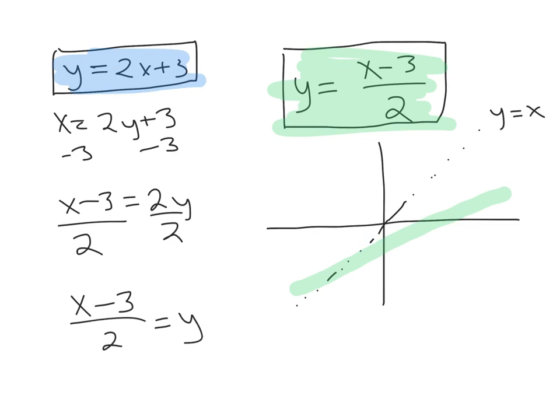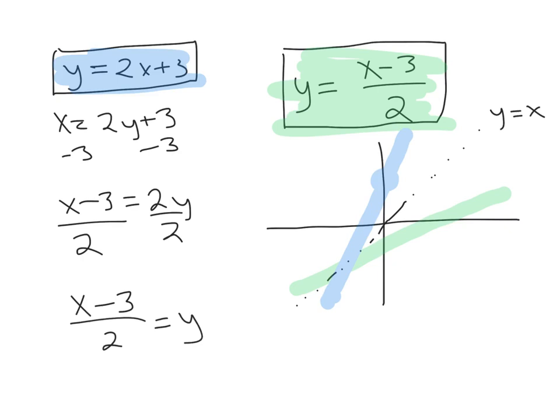And then the original would look something like this. Oh, let me back up. There we go. It looks something like that, okay? Because basically, this is 3 up here, that's plus 3, and then you go up 2 over 1. That's how it would look for the original function.